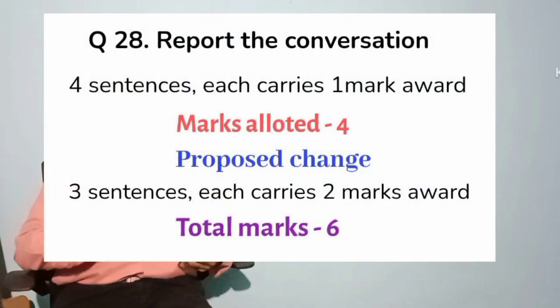And next is question number 28, report the conversation. You know the importance of report the conversation and the time and efforts in learning the rules, what are the changes that students have to make while making the indirect speech. It is really very difficult.